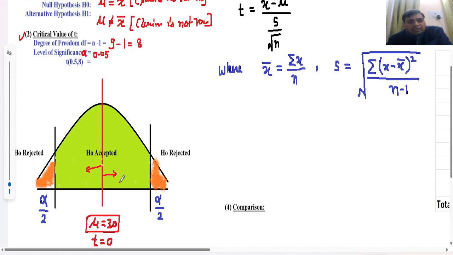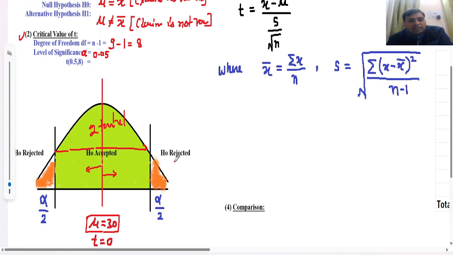So can this 31, 32 or 29, 28 be considered as 30 or not? So we are talking about both sides. With respect to this 30, we are talking about greater value and lesser value both. So this is the two-tailed situation. This only side is one-tailed, this only side is one-tailed, but when we take both sides, then this is considered two-tailed.